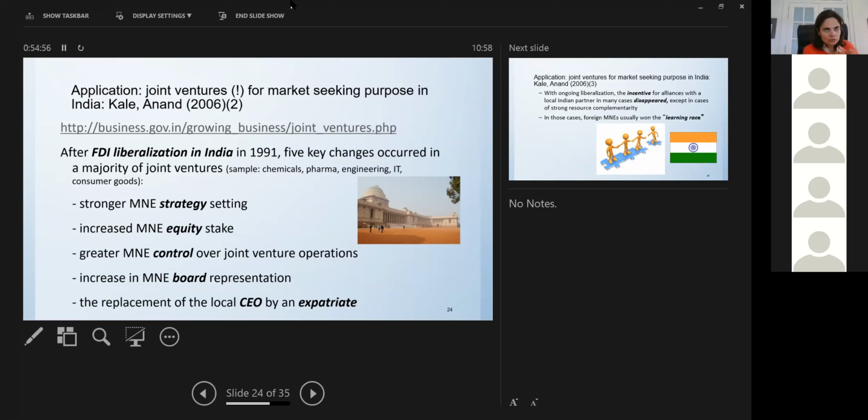And there were two categories of equity joint ventures, mostly between a market-seeking multinational such as Starbucks and the likes, and a local firm from an emerging economy such as India. In fact, there were 5 important changes which made that possible. It's a bit similar to Hungary in the 80s.